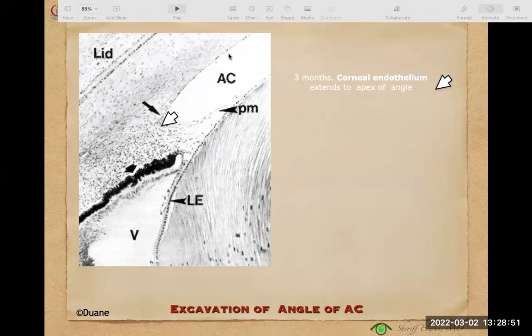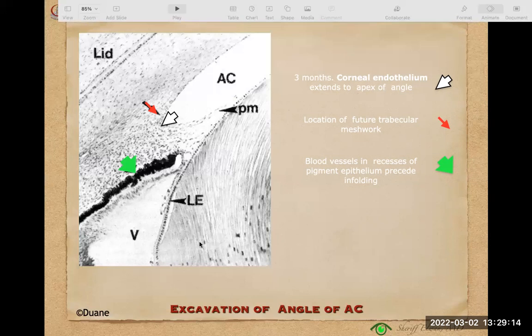And the corneal endothelium lines the angle, forming the endothelial meshwork. And this is the future trabecular meshwork, as I said. And the blood vessels in the recess of the pigment epithelium proceed forwards.